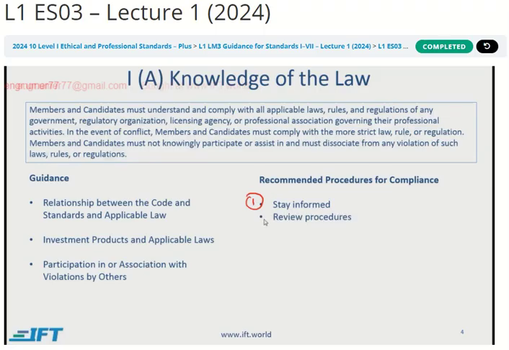Next point is review procedures. You should review the procedures of your company. These are the compliance related procedures. And you should also encourage your employer to review the firm's written compliance procedures on a regular basis in order to ensure that the procedures reflect the current law and provide adequate guidance to employees about what is allowed under the law and or the code and standards.